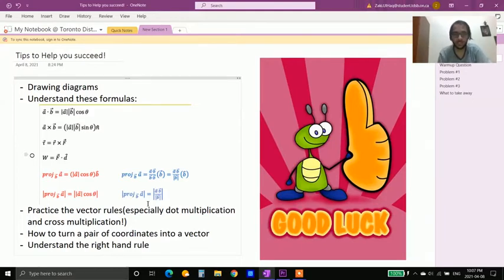You also need to understand some basic rules like how to turn a pair of coordinates into a vector, and understand the other rules as well, like the right hand rule. If you remember the right hand rule where you have to curl your fingers or upside down, this rule would be very important as well.